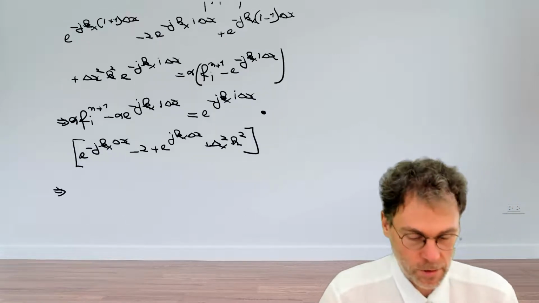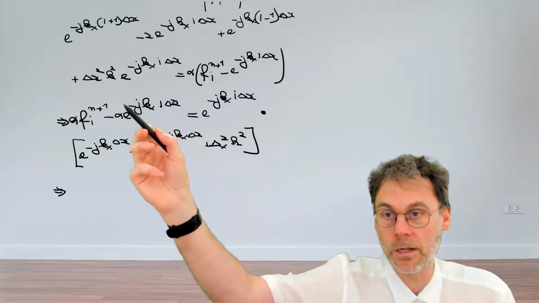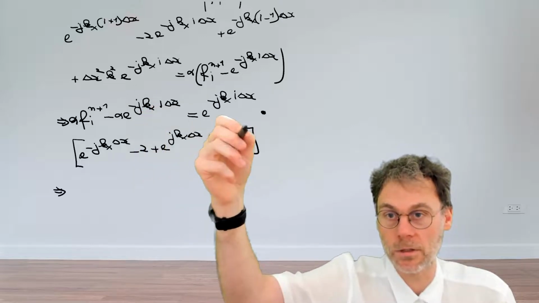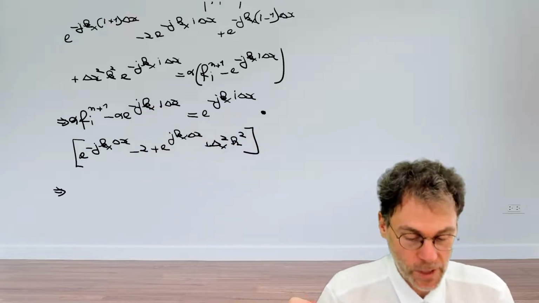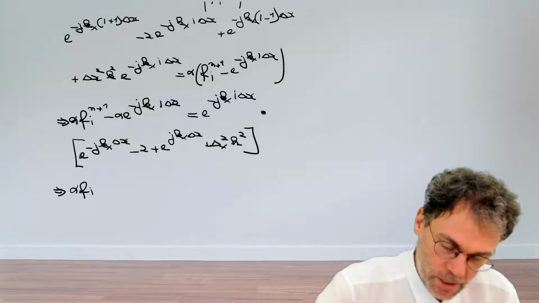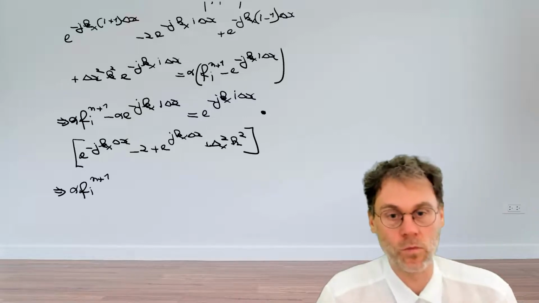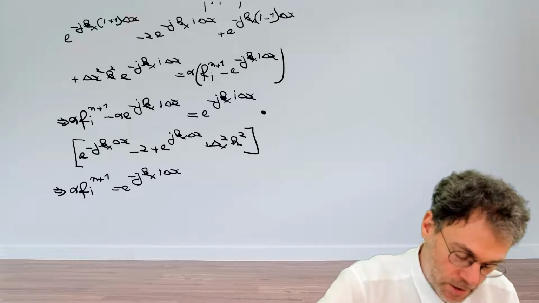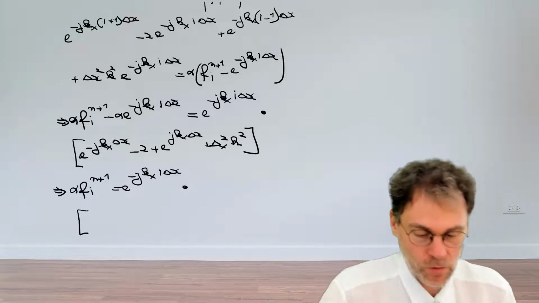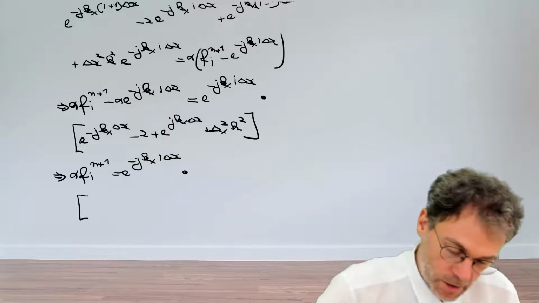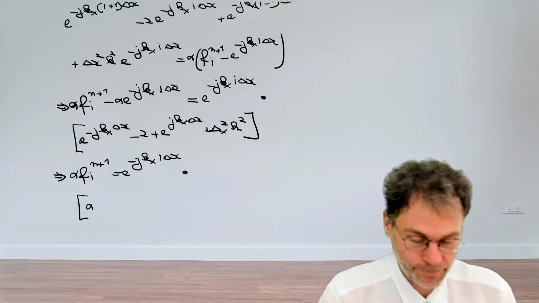Almost there. Let's bring this thing to the right hand side where we can again factor out this common plane wave here. So finally we have that alpha times f_i^{n+1} is the exponential that we factor out, minus j kx i delta x, times, and then if we bring this thing over there, we have an extra alpha.